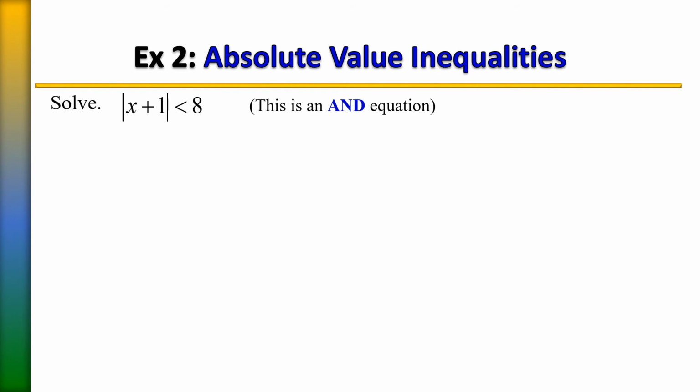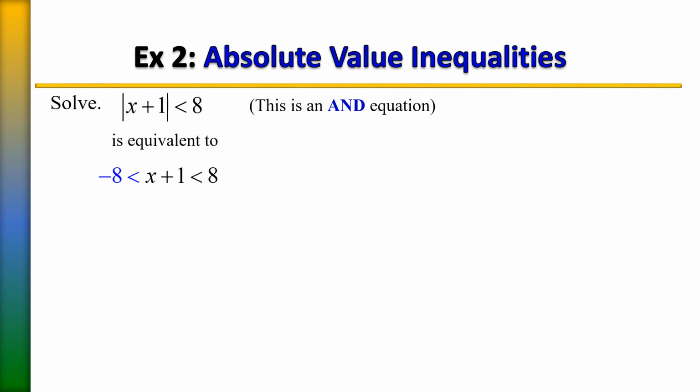And with the AND equations, you're going to have whatever you see in the absolute value symbol here, x plus 1, you're going to have that sandwiched in the middle, and on each side you're going to have both the negative and the positive of our constant. So all this we already have, less than 8. All we need to do is put that same symbol on the opposite end and put -8. So when we do so, it's going to look like so.